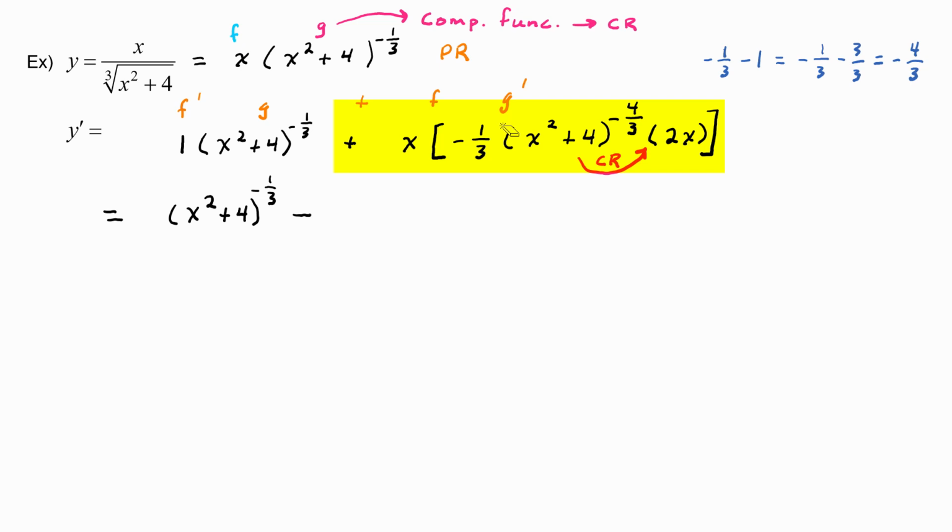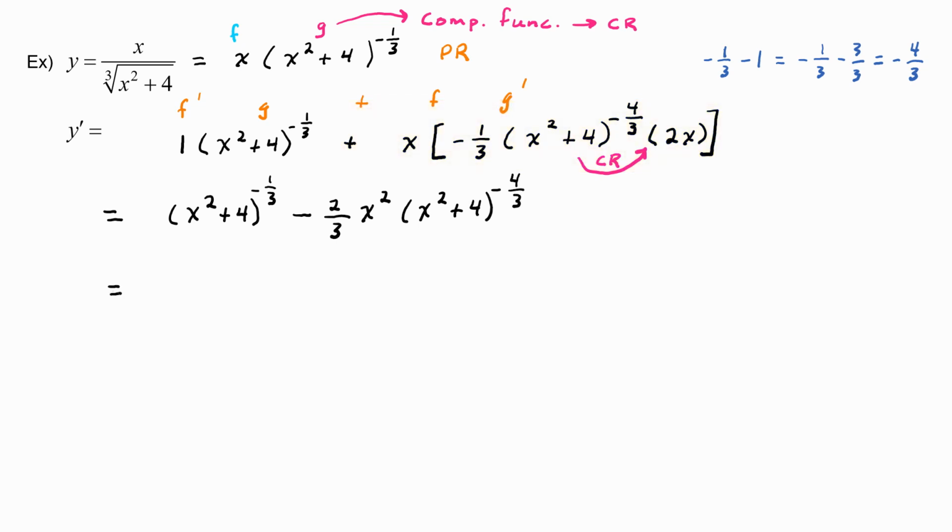Now the coefficient is going to be 1/3 times 2, so we'll be subtracting 2/3, and then we have an x times an x, which is x squared. And then we have this x squared plus 4 to the negative 4/3 power.